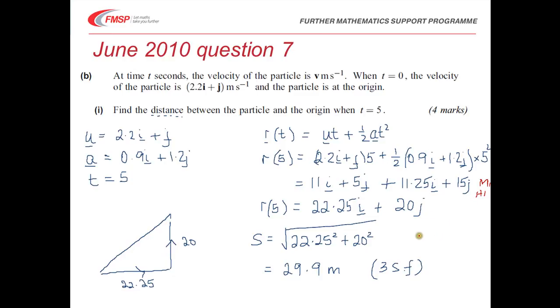You're then getting another method mark using Pythagoras' theorem, but that is dependent on you having got the method mark earlier. So that's important. And then there's an accuracy mark for getting 29.9 meters. So 4 marks for that bit.